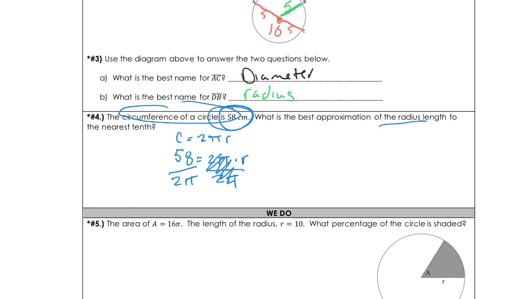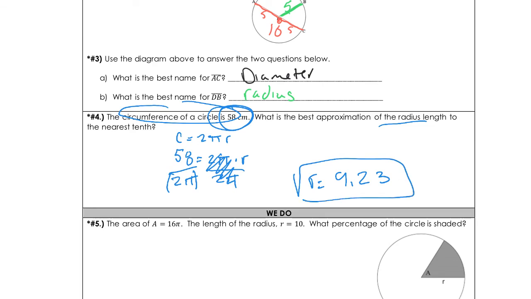So I'm going to type that in my calculator. 58 divided by, now I want 2 pi, the whole thing in the denominator. So I'm going to put parentheses around it in my calculator, 2 times pi at the bottom. So radius equals 9.23.